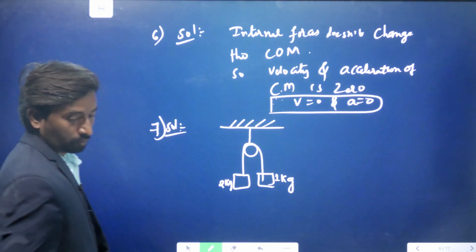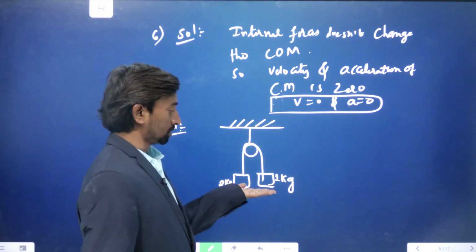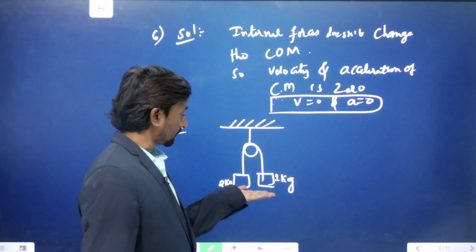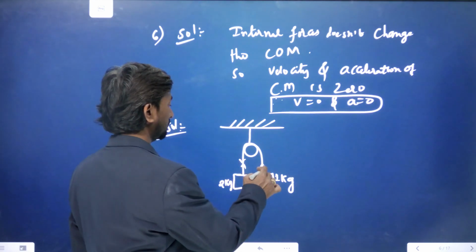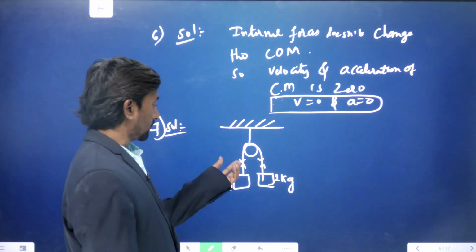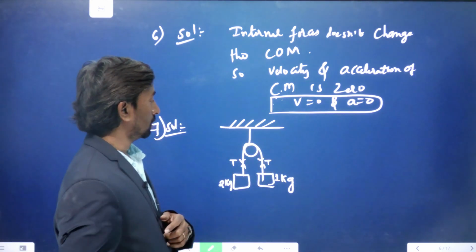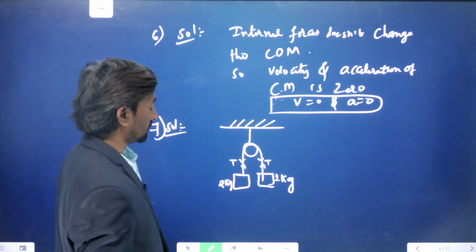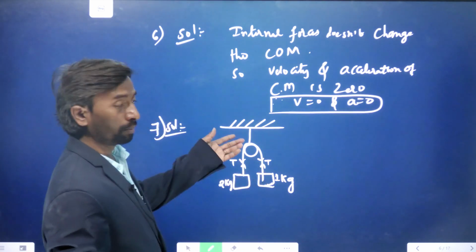Initially they are at rest, and the tension will be present in the string due to the weight of these blocks. So that is T here. Now it will move with a certain acceleration, no? So how do we find the acceleration of this block? The same formula.